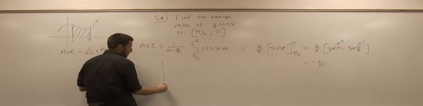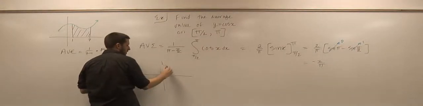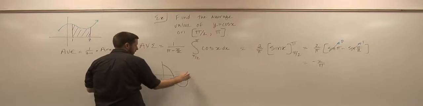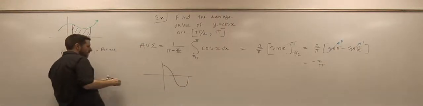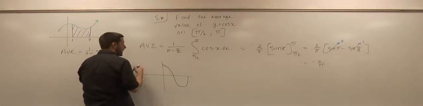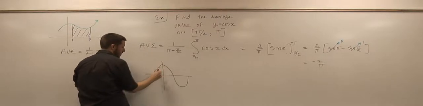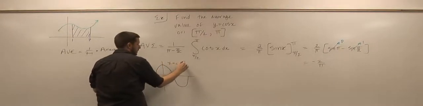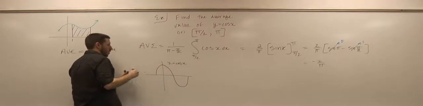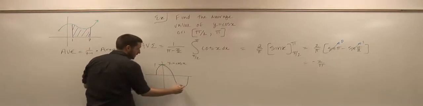So the cosine function, which we know looks something like this, oscillates between 1 and negative 1. Y equals cos x. This guy's 1. This guy's negative 1.